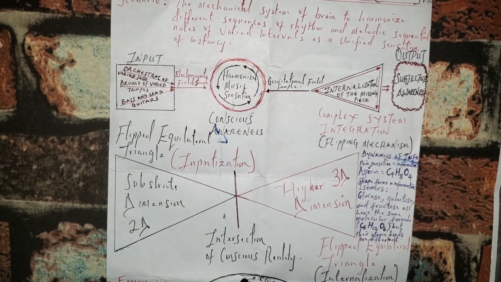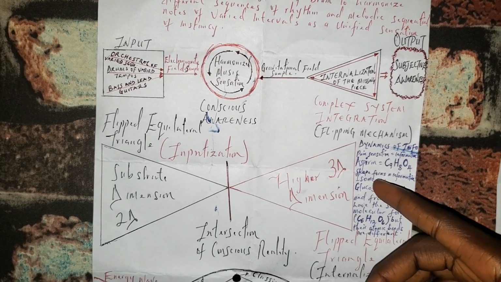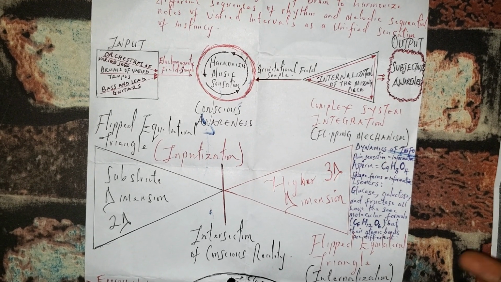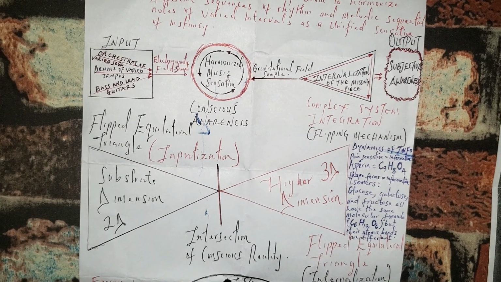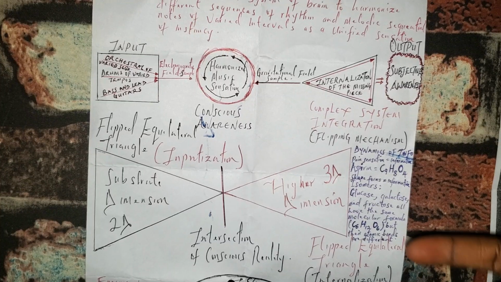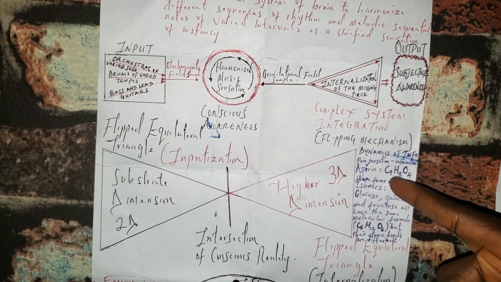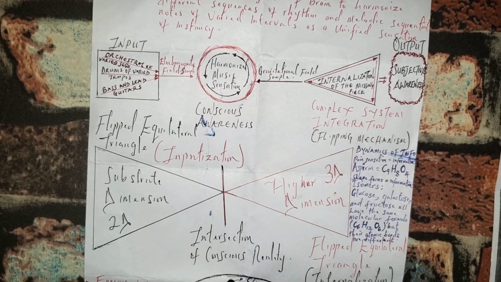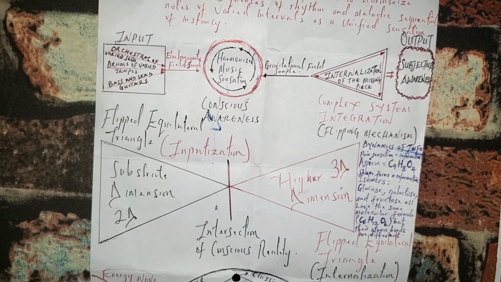So now when you look at this, we can say that the pain sensation is information. Aspirin is a drug that can alleviate pain. Its chemical composition is C9H8O4. So this is also information.